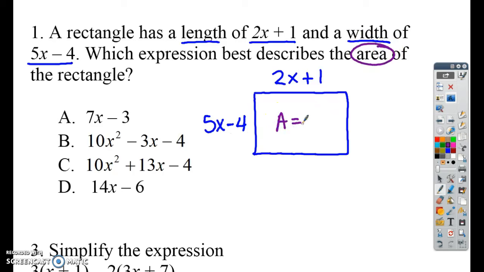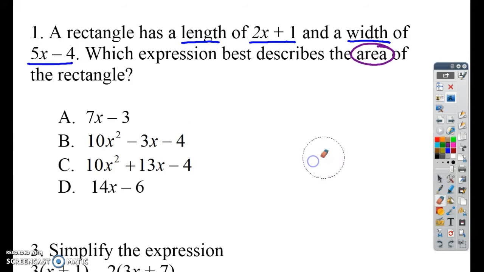So how do you find area of a rectangle? Do you add them? Do you subtract them? You multiply. Area equals the length times the width. Okay, the length times the width. So let me erase the rectangle and let me write that down.